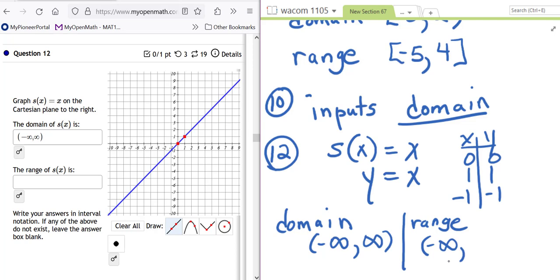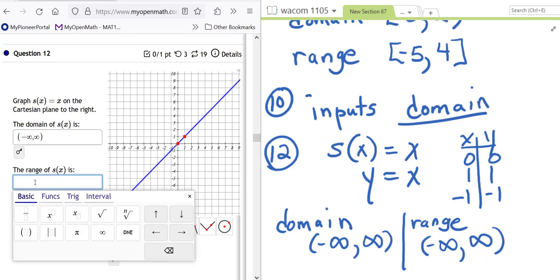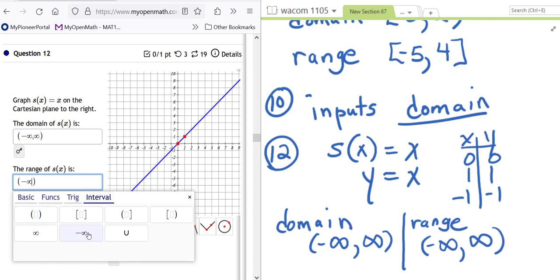The highest is going to be positive infinity. It goes forever. So we'll practice again with our switch to interval notation. You could have done the other, but you would have to do a little extra work. All right, so parentheses, parentheses, negative infinity, comma, positive infinity.